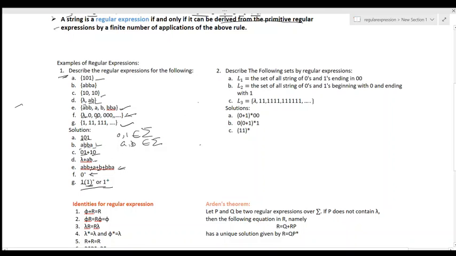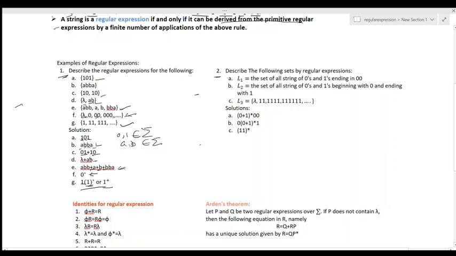Let's come to the second example. In the second example there are three problems. To start with A, the problem is stated concisely: the set of all strings of zeros and ones ending with 00.